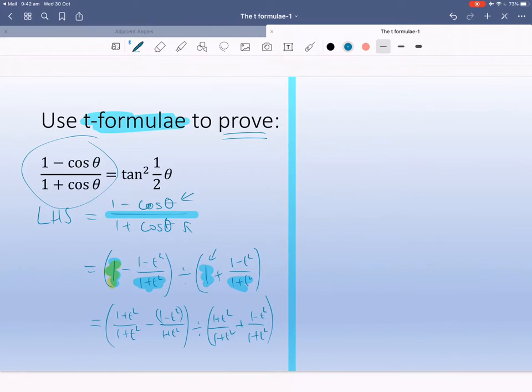And now I'm going to combine the fractions. Because we have the same denominator now, I can just leave it all over that denominator and add or subtract the top. So that's going to be 1 plus t squared. It's going to be 1 minus 1, which is 0, so we don't have to do that. And then t squared minus minus, so that means plus t squared.